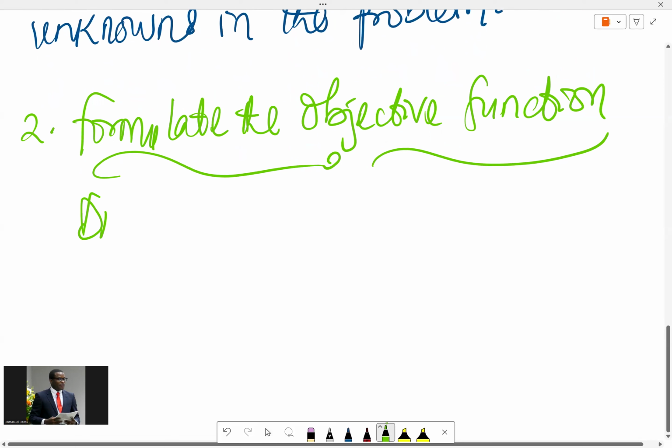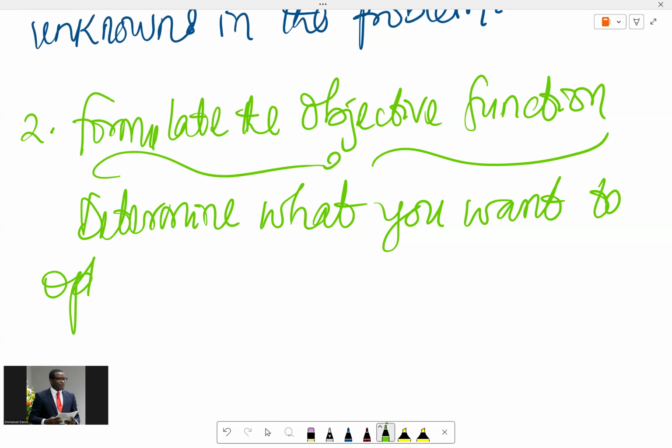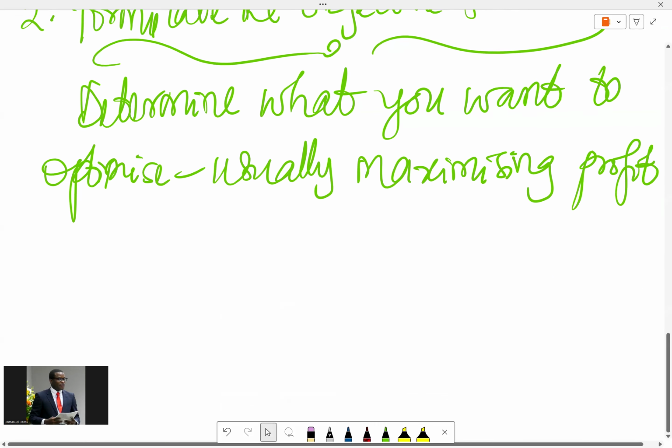Here you determine what you want to optimize, usually maximizing profit or minimizing costs.